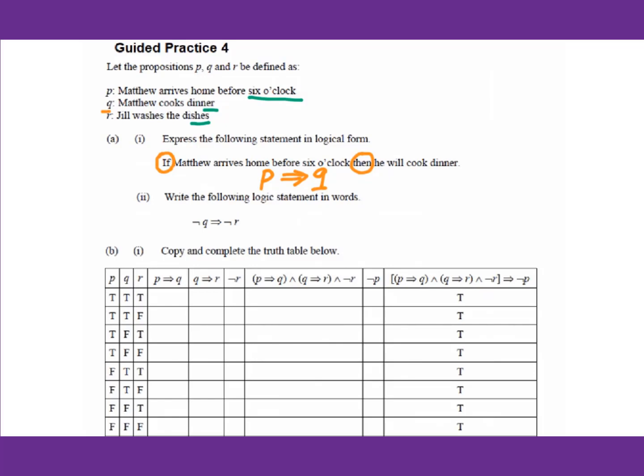Second one, from A. Write the following logic statement in words. This symbol means if, then. This symbol means not.